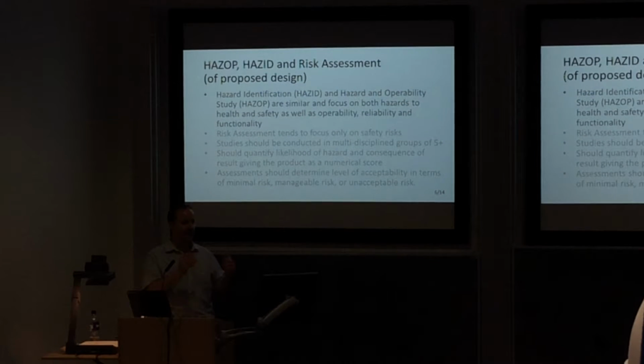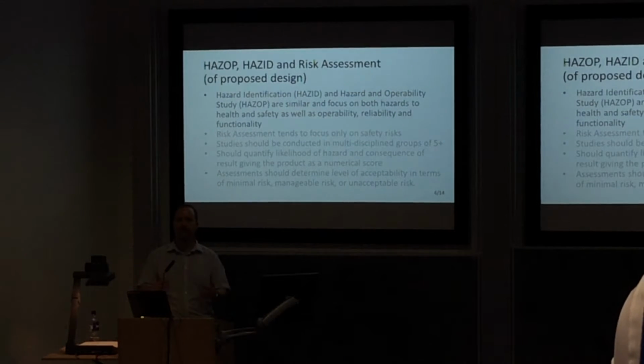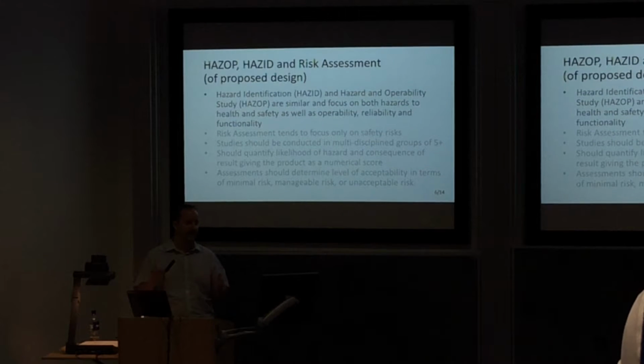The HAZOP, however, is looking at how potentially something could go wrong that affects the operability of a product, how something functions. A risk assessment, however, looks at the safety of a product.